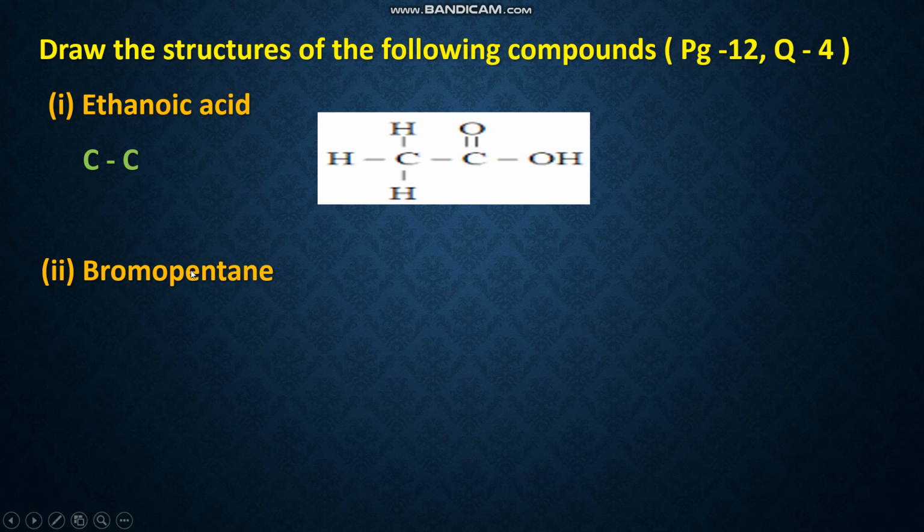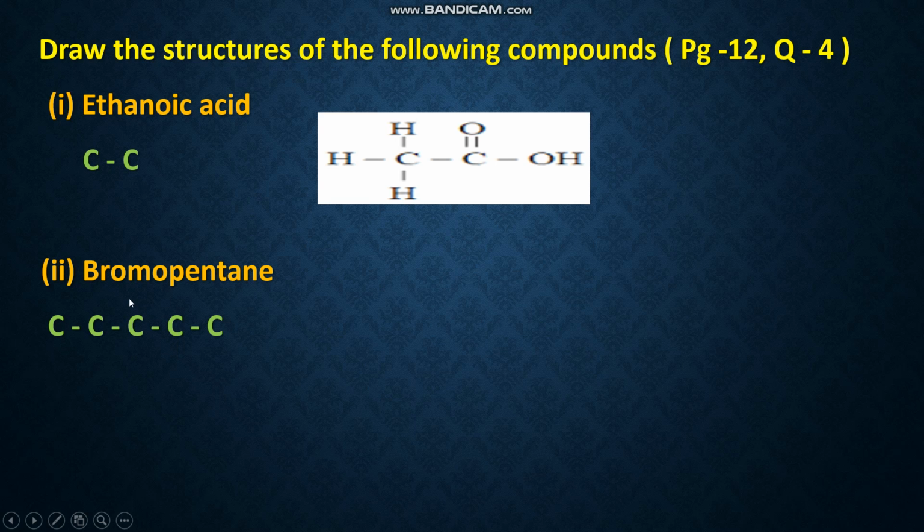Next example, bromopentane. So this is which class of organic compound? Bromoalkane. Pentane has 5 carbon atoms, so draw a carbon chain with 5 carbon atoms. Next, what do we have to do? Bromopentane means the functional group is bromine, so to this carbon you have to attach one bromine.